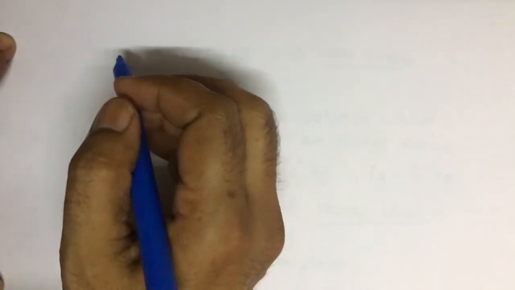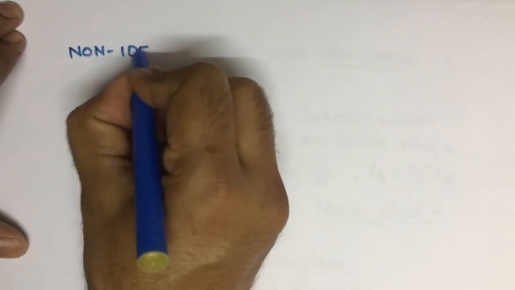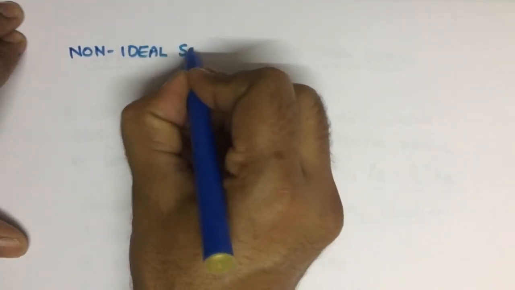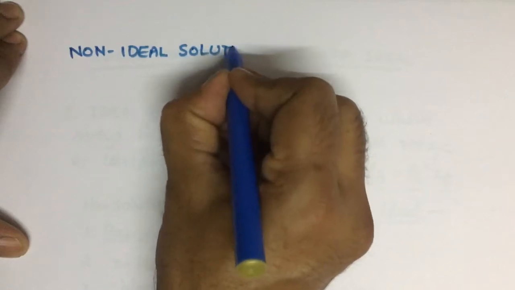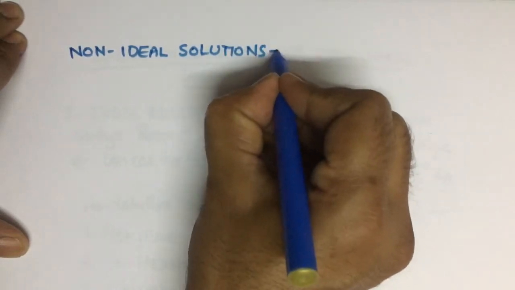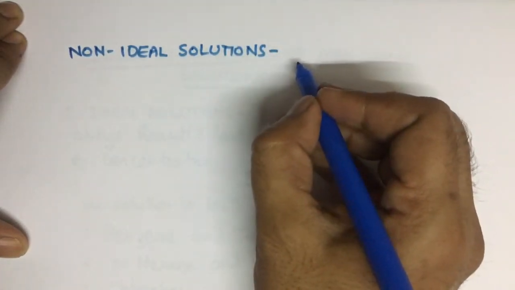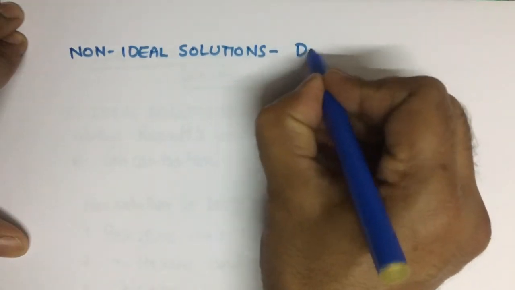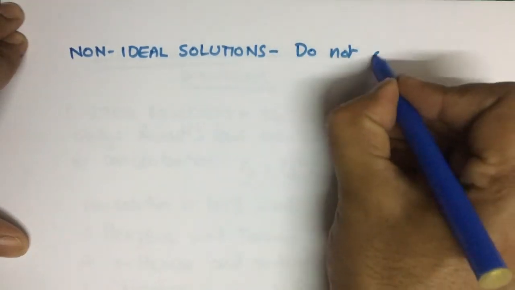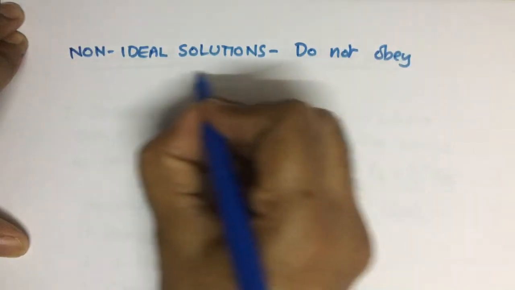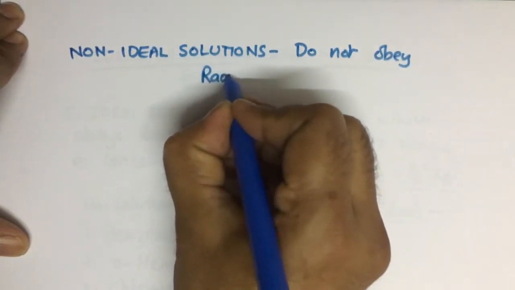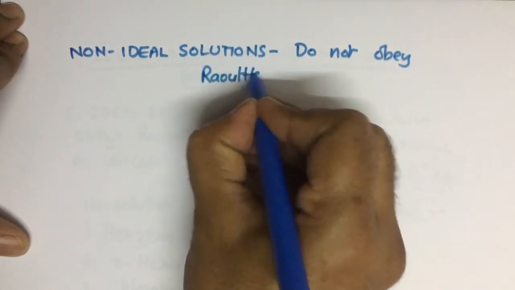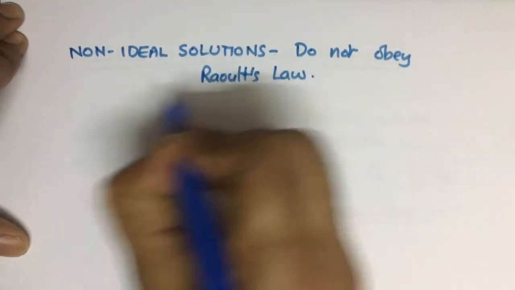Next is non-ideal solutions. Now these solutions, they do not obey Raoult's law.